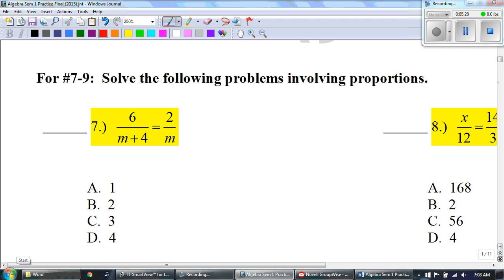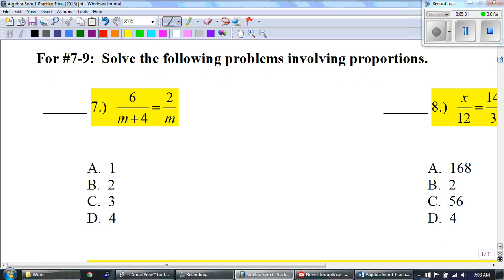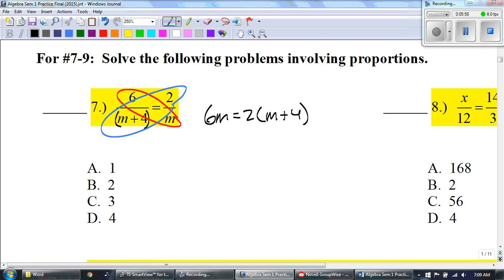All right, proportions. When we have proportions, we want to see if we can simplify anything inside, which we can't, but then we're going to multiply. So I'm going to put the m plus 4 inside parentheses and then cross multiply. 6 times m is 6m, and I'm going to set that equal to 2 times m plus 4.